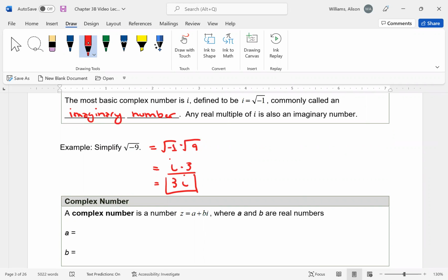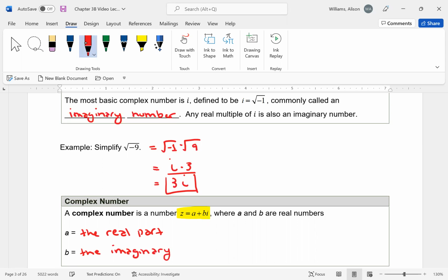So a complex number is a number that consists of two pieces, a plus bi, where a is what we call the real part of the complex number, and b is what we call the imaginary part. It's the part that's paired up with the i.